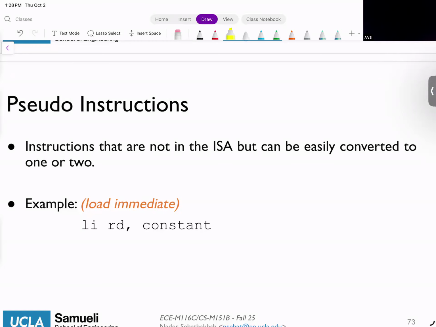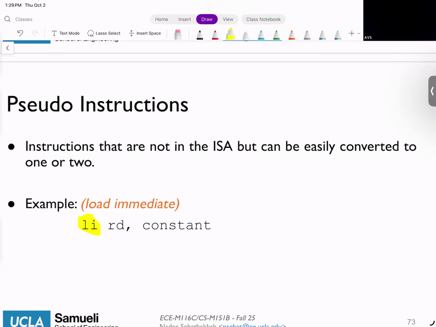But in order to make your life easier as a programmer, especially for people who learned other ISAs first and then move to RISC-V, the RISC-V compiler supports pseudo instructions. For example, there is an instruction called load immediate, which basically stores the value of the immediate to the destination register.